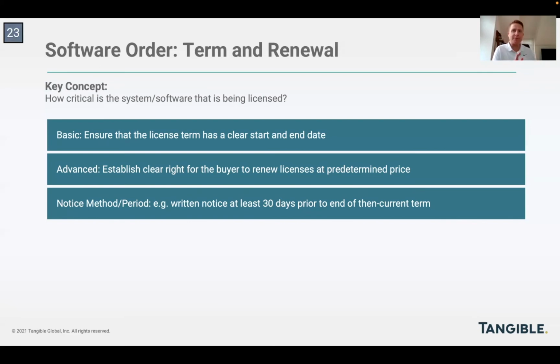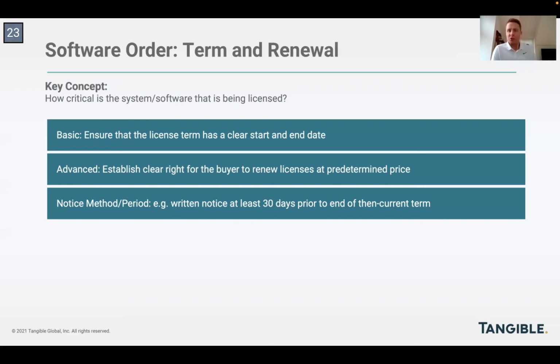And in order to gauge how much attention and detail to give to the issue of renewal, it's really important to consider the key concept of how critical the system or the software product is that's being licensed under that order.